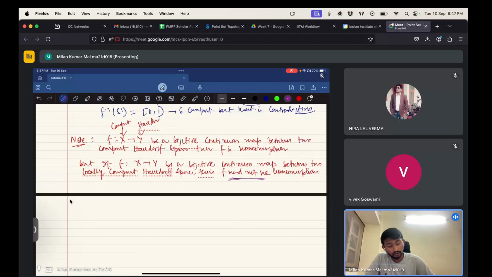This is the fact. So there is a lot of difference between the compactness and locally compactness situations. Okay, is there any doubt till now? No, sir, no doubts. Okay.